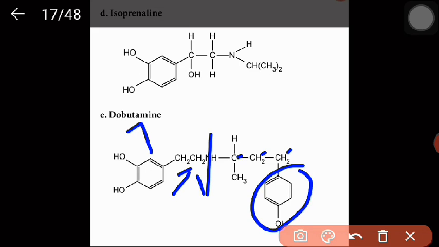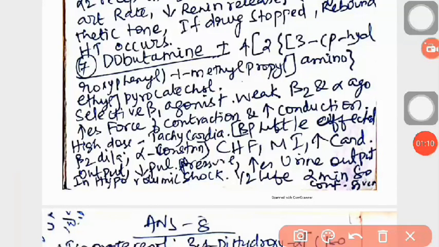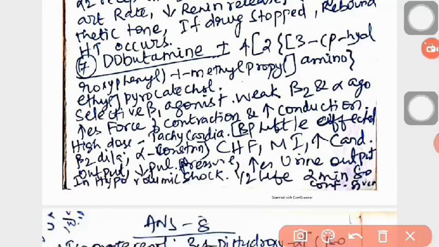So the name goes like this. We have to include the name of propyl methyl, then ethyl group, amino group, and then this catechol group. The name of the compound is given here.